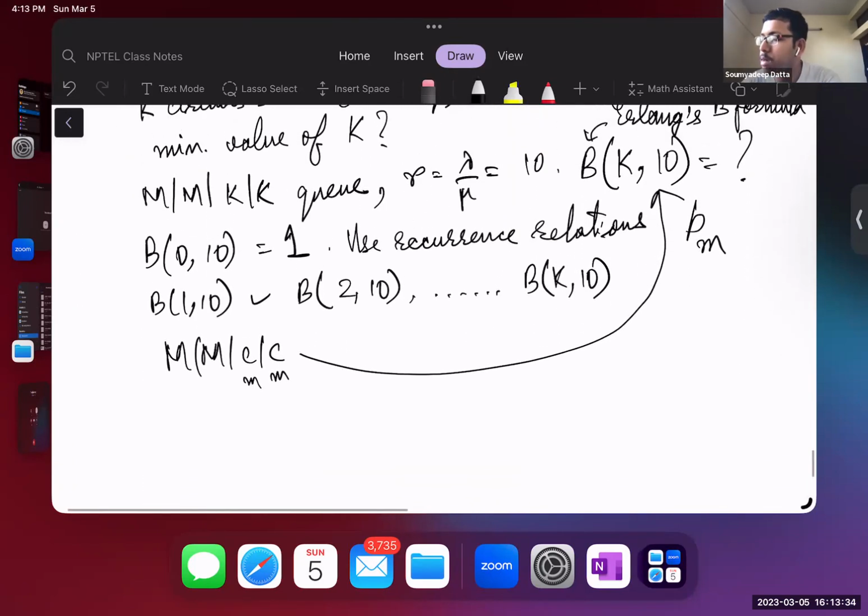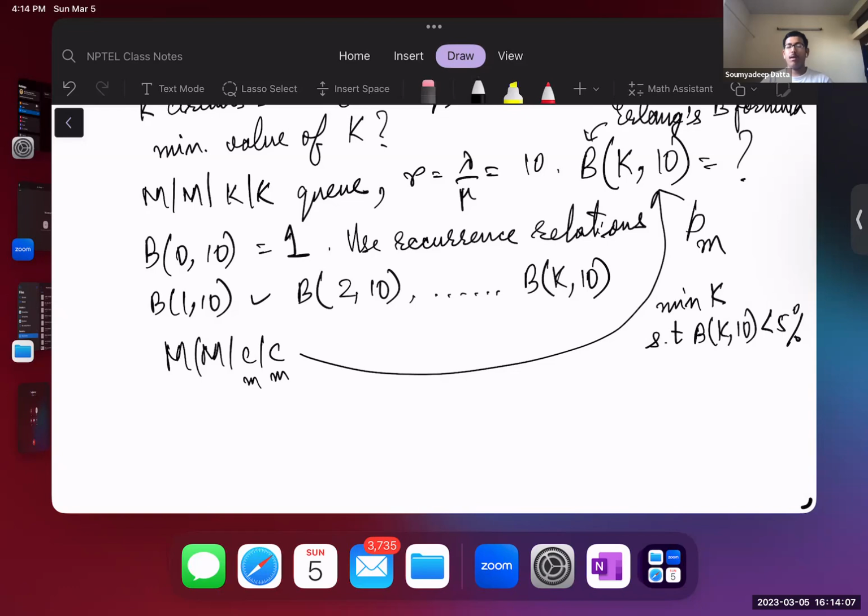So there will be a certain minimum value of K such that B(K, 10) will be less than 5%. The only way you can find this K is by doing it manually, or you can simply write a program for it. You can get the smallest value of K such that your call drop probability goes below 5%, and that is your answer.